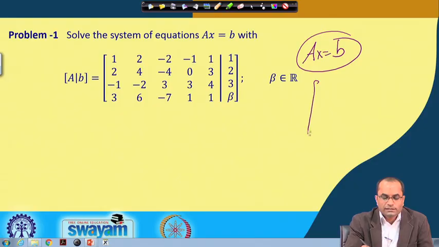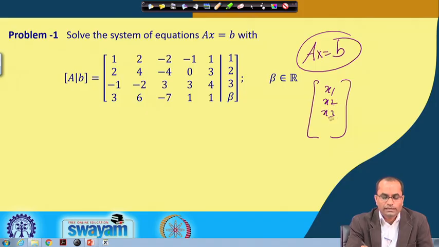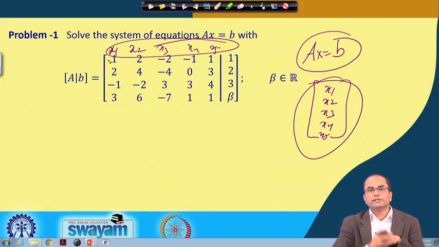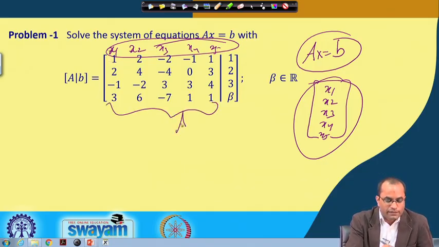So, this x here, to be consistent with this A, will have x1, x2, x3, x4 and x5. So, there are 5 unknowns and therefore 5 columns, each corresponding to x1, x2, x3, x4, x5. The number of columns of A, not the whole augmented matrix, represents the number of unknowns in our system. This part is corresponding to A, and this is corresponding to b.